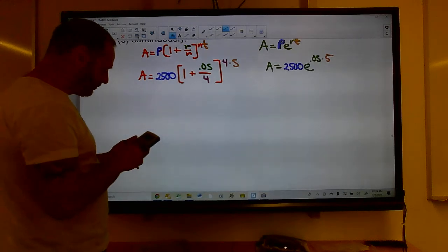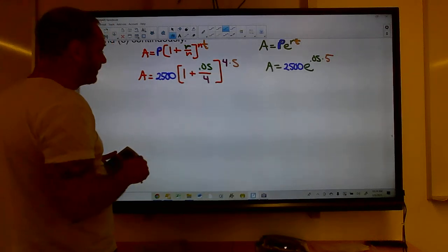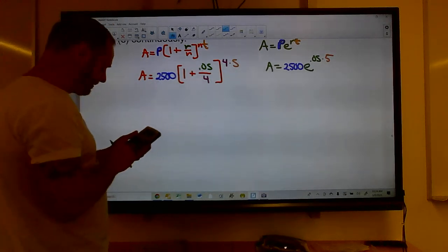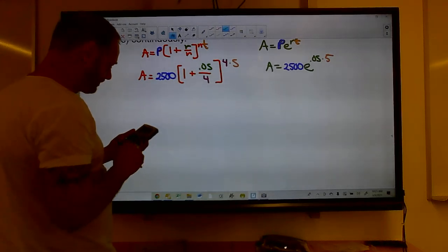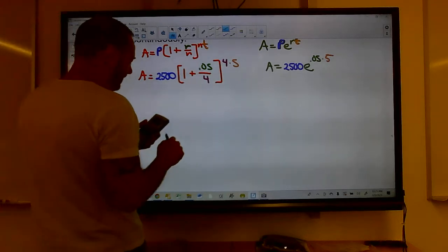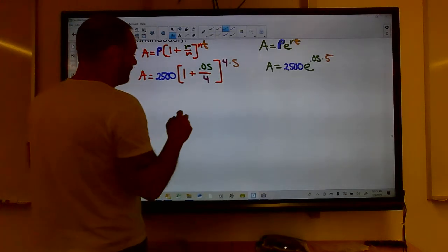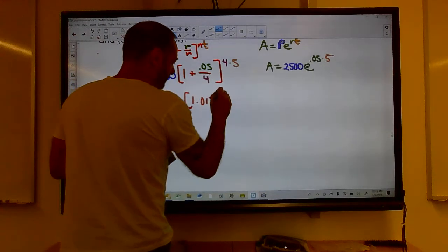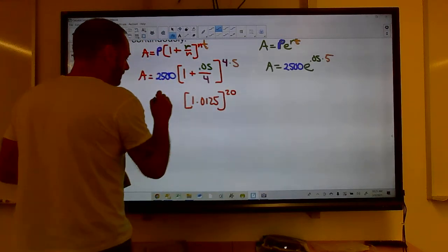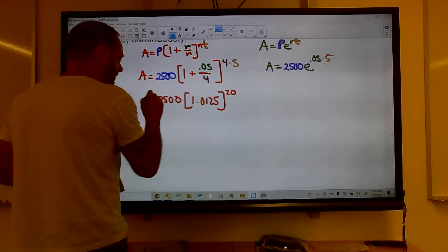So we'll start with the inside here, 0.05 divided by 4. It's 0.0125 plus 1. So this is going to be 1.0125 to the 20th power times 2,500.